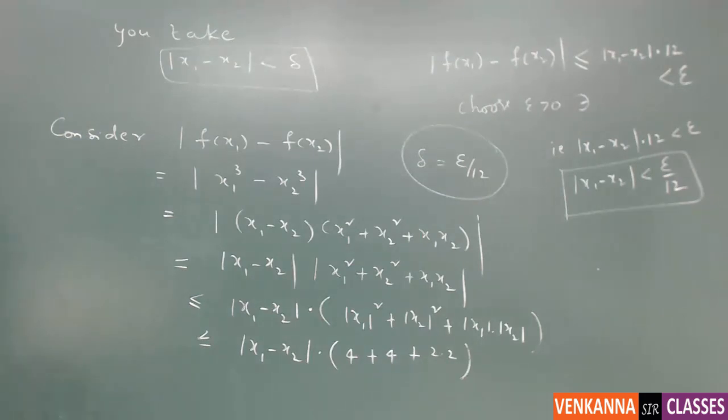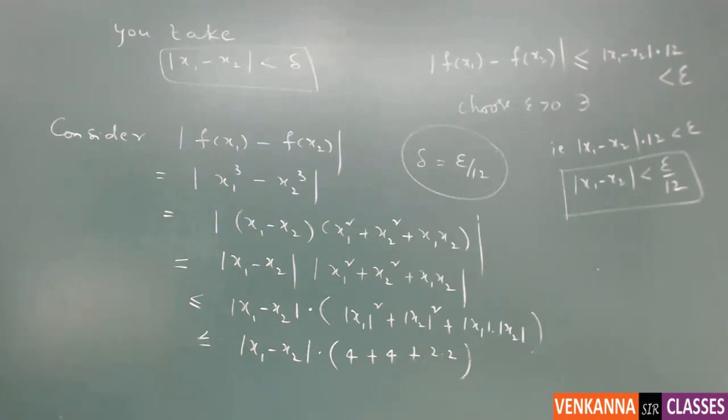If you take epsilon equal to 1, delta is equal to 1 by 12. If you take epsilon equal to 1 by 2, delta is equal to 1 by 24. Are you getting it? That is the overall idea here. So we are building a single relation. For a given epsilon, this will be the delta. Or for a given delta, this could be the epsilon value. That's it.